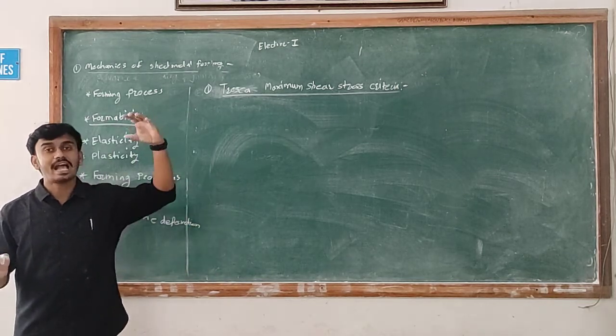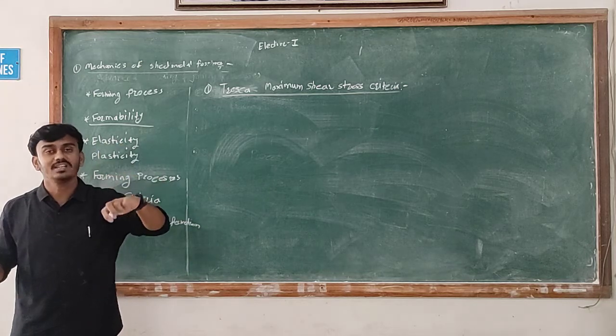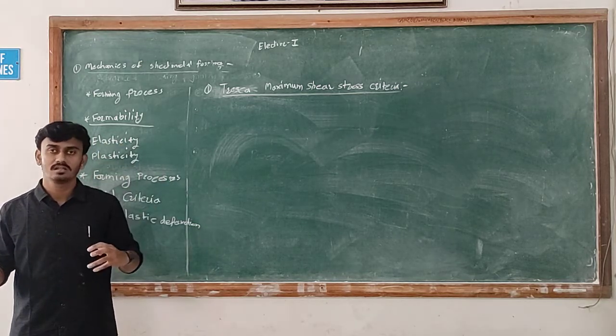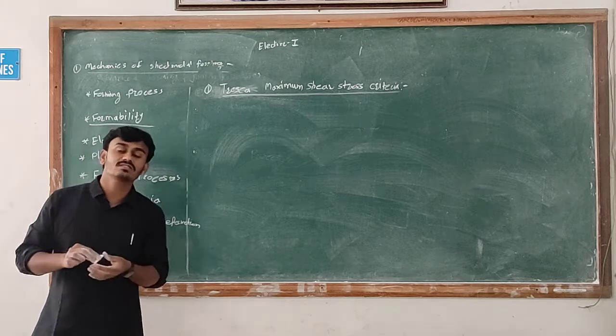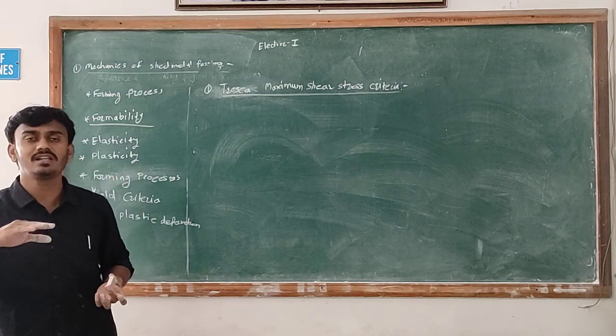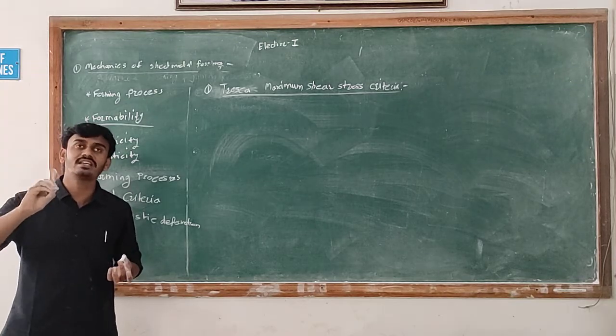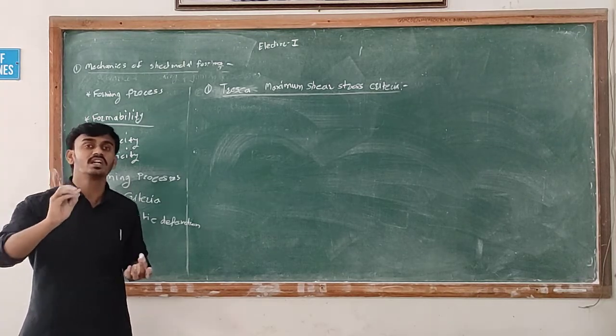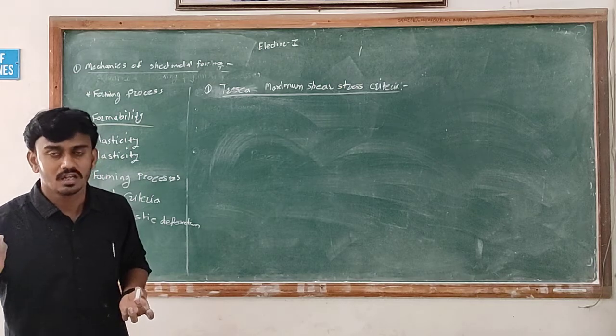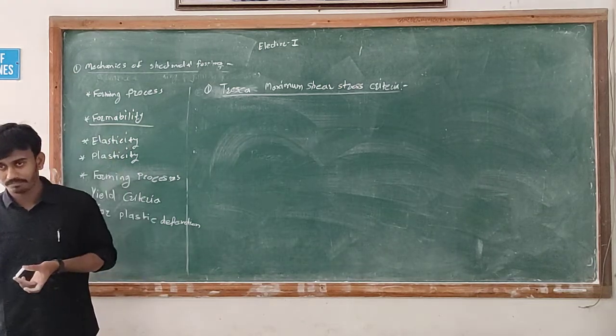Means what? The amount of stresses that we apply on a material reaches its limiting value. Means when the applied stress reaches the yield shear stress, then plastic deformation will start.